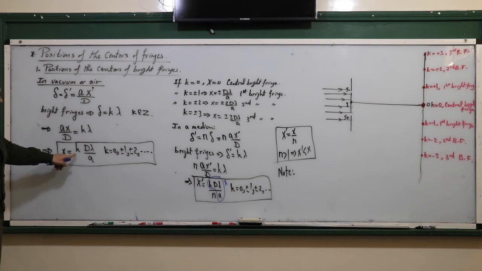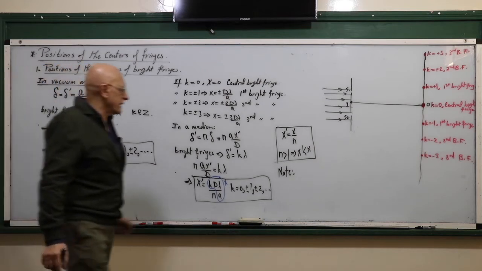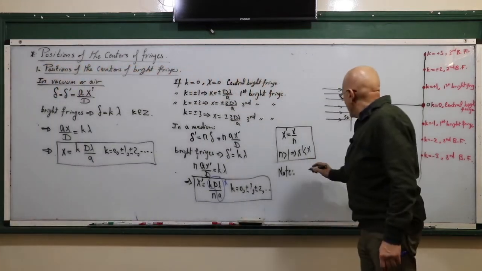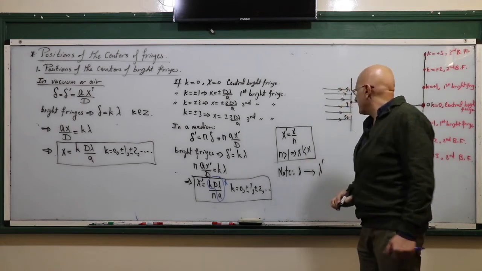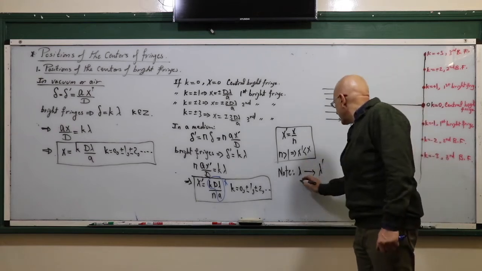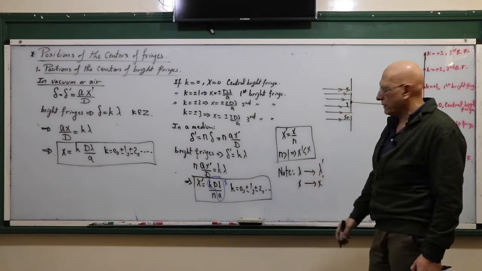Also, this is due to what? K is constant, D is constant, A is constant. So lambda changes from the medium to what corresponds to it in vacuum. So I can write here lambda becomes lambda prime, X becomes X prime, K, D and A remain constant.